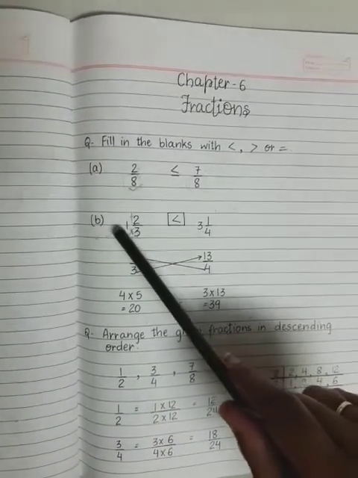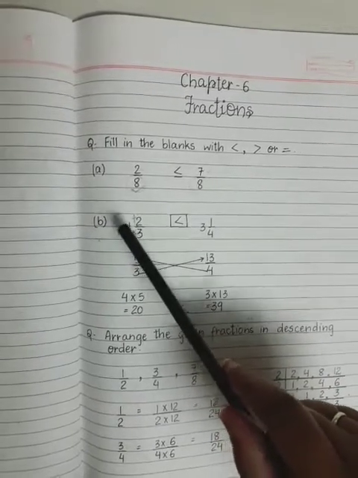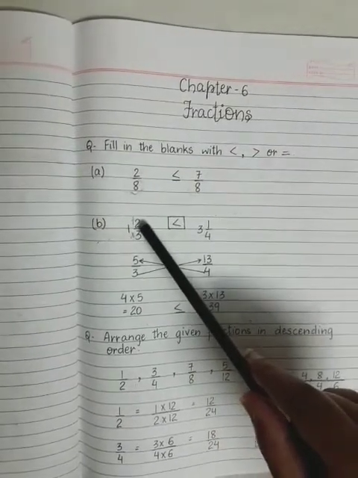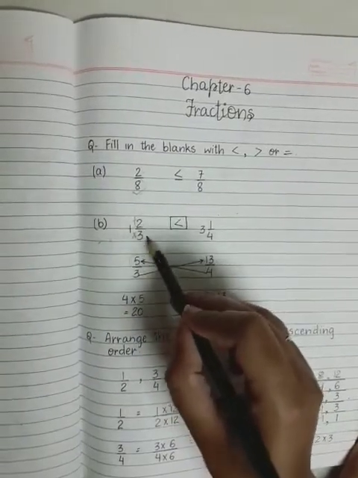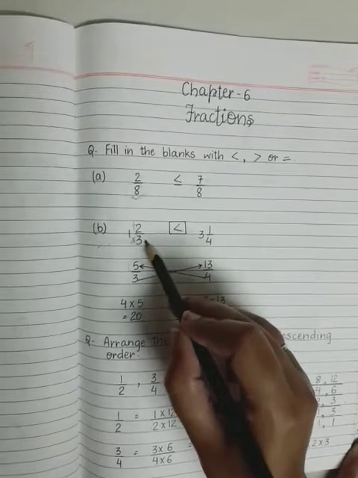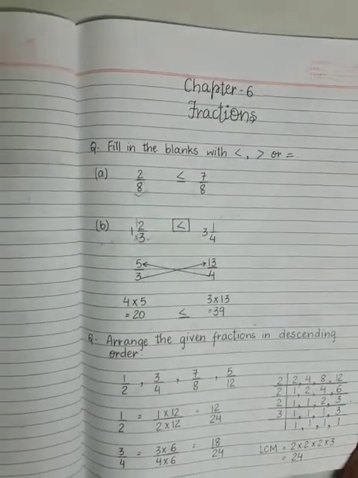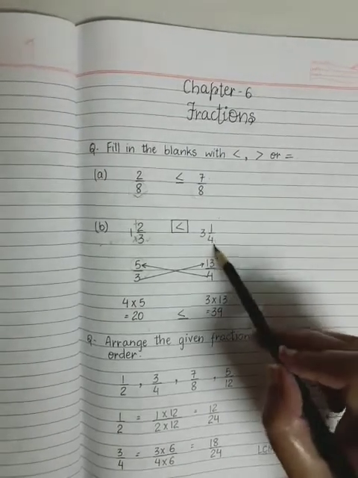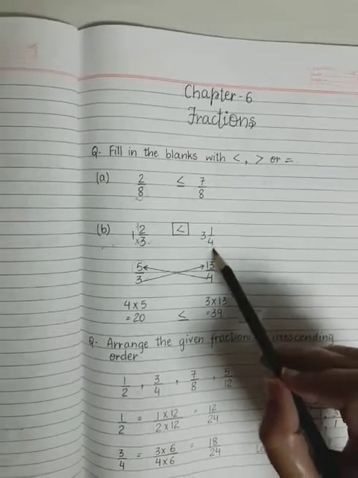3 multiplied by 1 is 3, and 3 plus 2 is 5. So, we get 5 here and the denominator is written the same. 3 was the denominator here and 3 will be written here also. Then this is also a mixed fraction and we have to convert this also into an improper fraction.